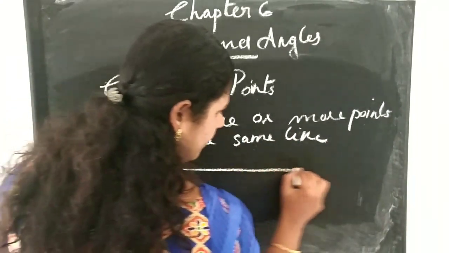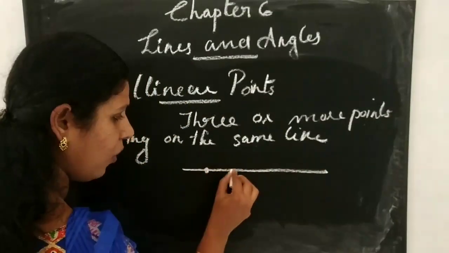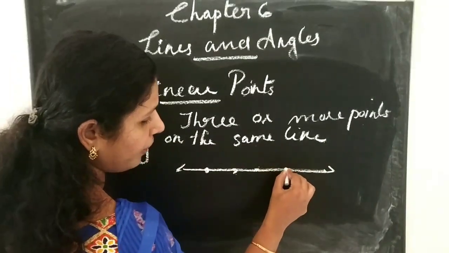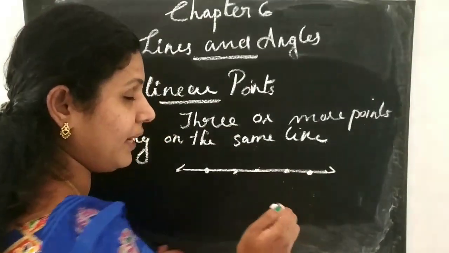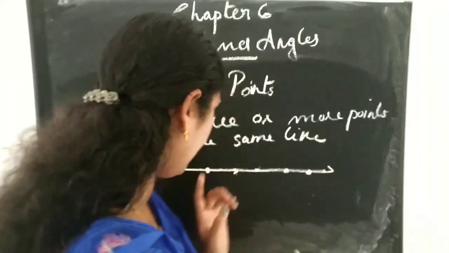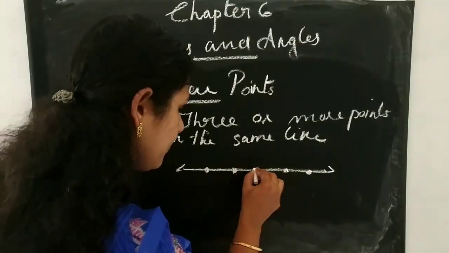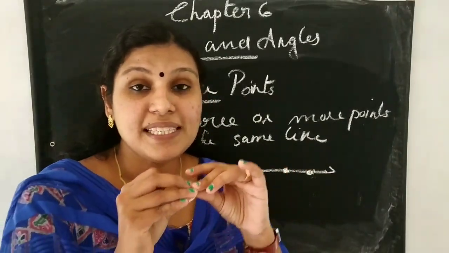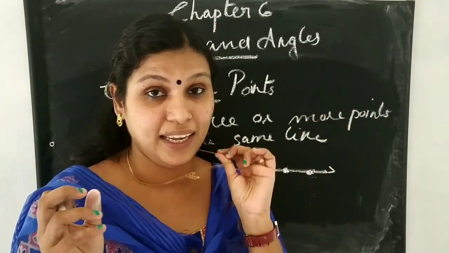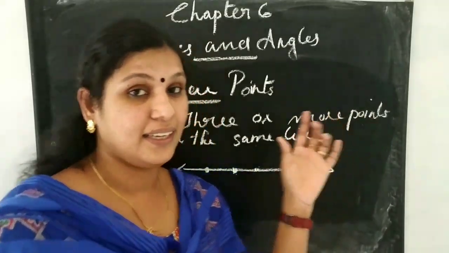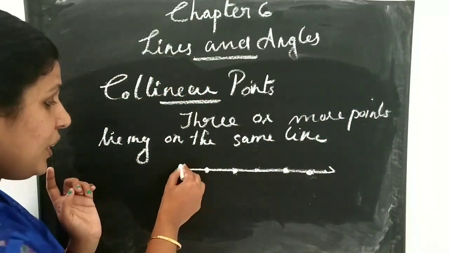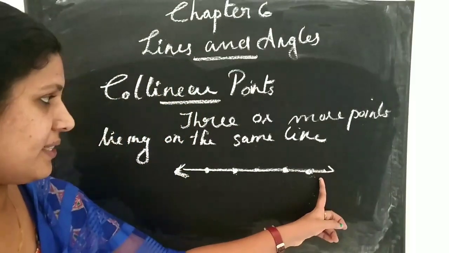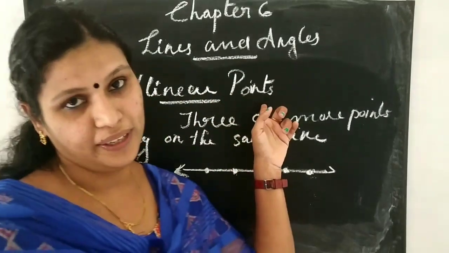Three or more points lying on the same line, like beads in a chain. Three or more points lying on the same line are called collinear points.